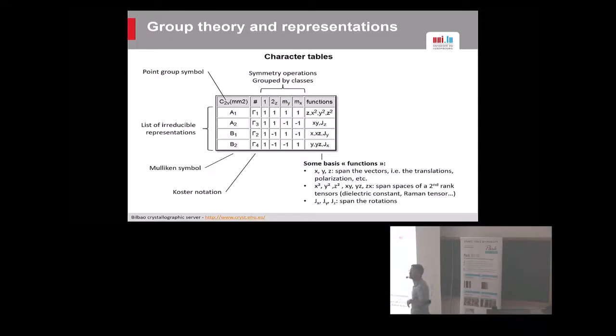But starting with this one, this is what the character table really looks like, okay? I take again the same point group, which is this polar orthorhombic mm2, and this is how the crystallographic server gives it to you. You have first the point group symbol, I'll come back to that, then the list of symmetry operations, just like I did before, and then you have one line per IREP, with a symbol, I'll explain this also a bit later, and with the characters, so this is why it's called a character table.